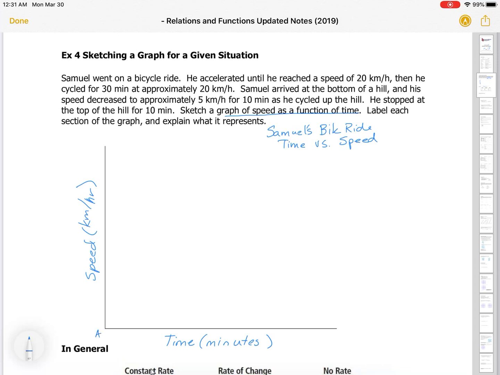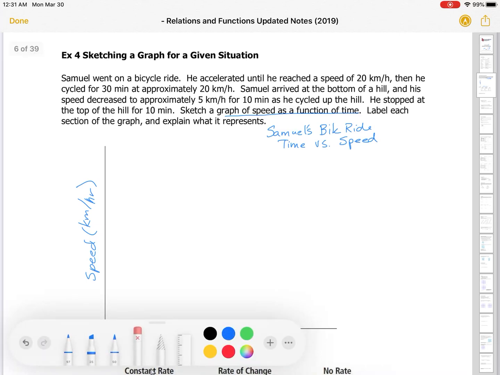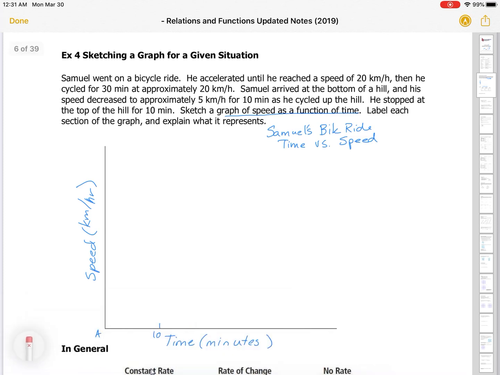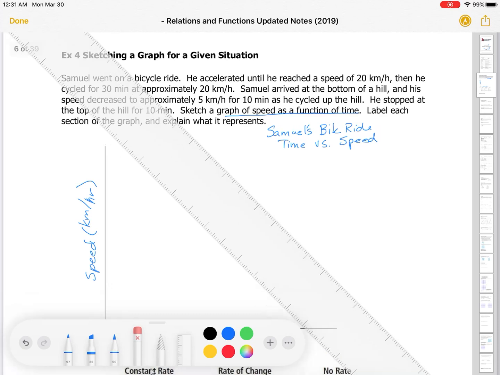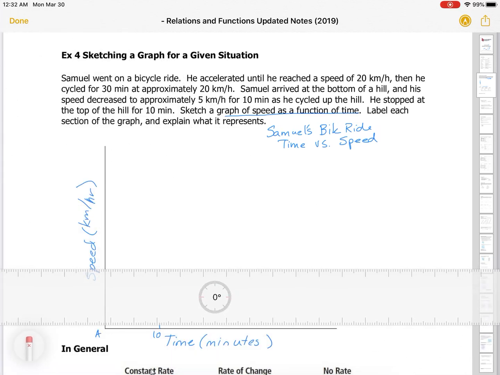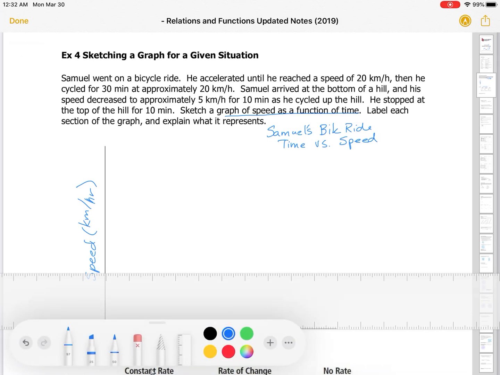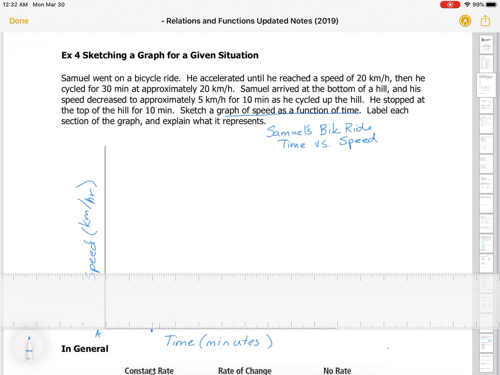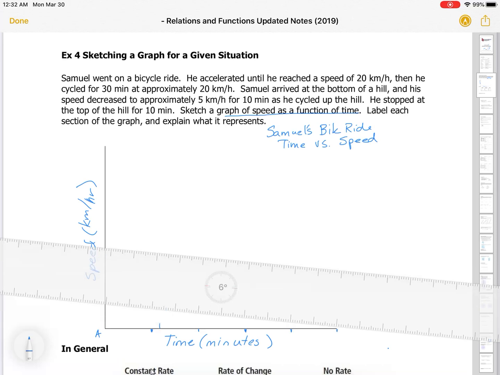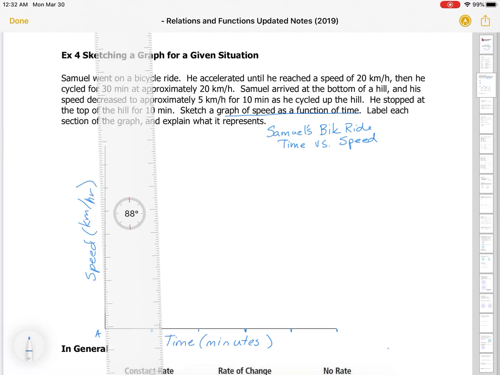Now, let's put in some units. Maybe I can use my ruler. Here we go. So 10, 20, 30, 40, 50, and then my speed, same thing: 5, 10, 15, 20, 25, 30, 40.